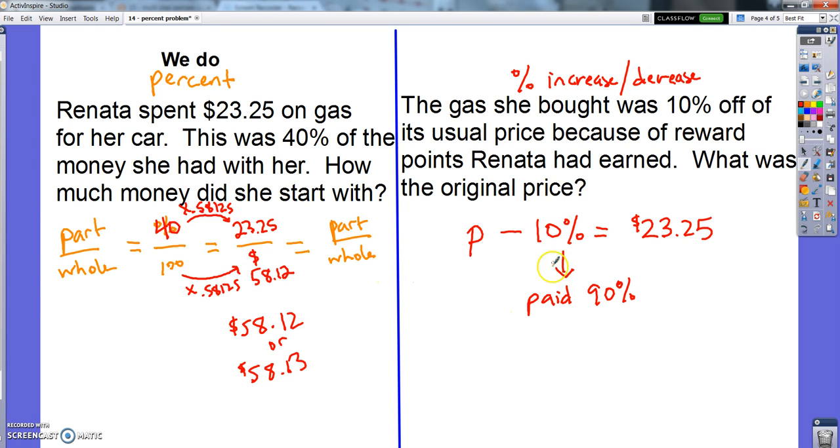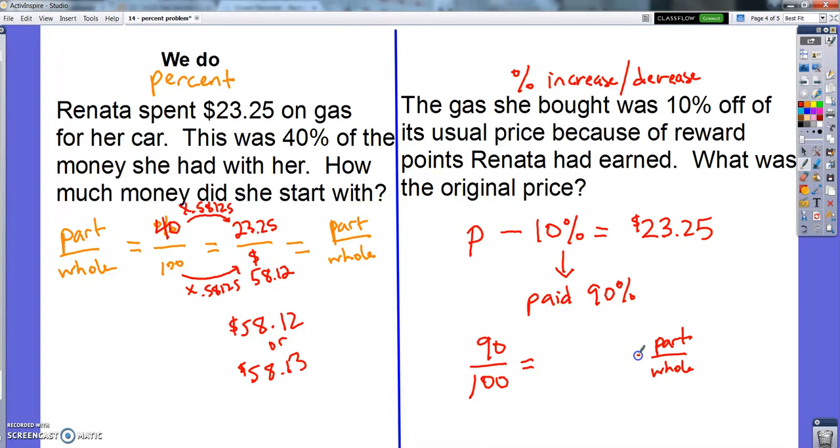And this is going to be an easier ratio to set up if I think about what she paid rather than what she saved. You can do it with what she saved too, but this is going to save me a step. So 90% is that. 90 out of 100 is equal to part out of the whole.